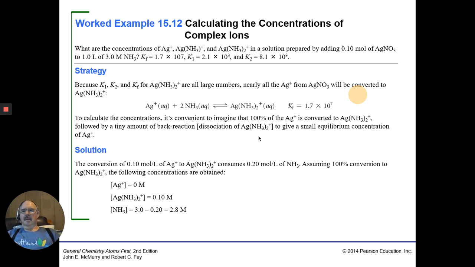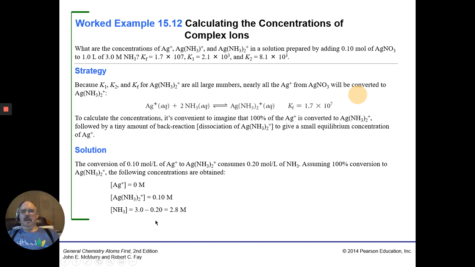And since all of our silver was used up, that tells us that initially our silver diamine complex is 0.1. Where we get that, we start off with 0.1 molar, and so all of this is used up. This is a 1-to-1 ratio, so that's where we get the 0.1.